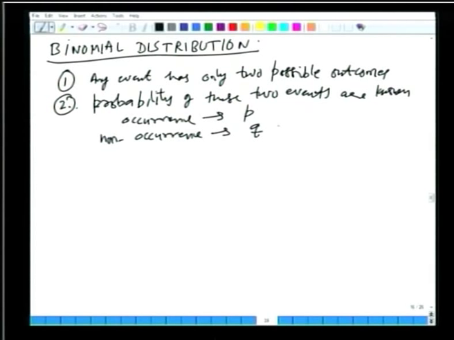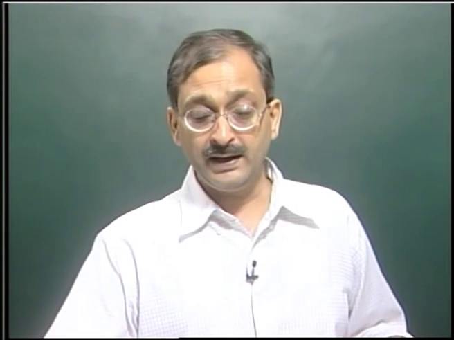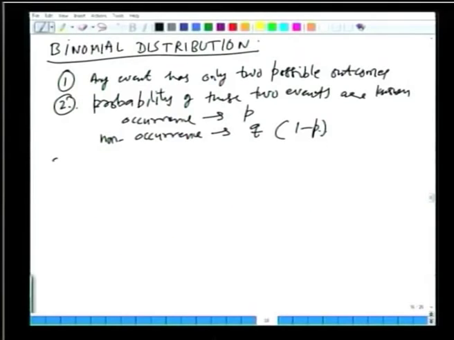Let us say Q, and Q will be equal to what? Based on our law of total probability, it will be 1 minus P. Okay. So, you see that when you are tossing a coin, you will have a head. All right. The probability of head is, if it is 0.5, what is the probability of tail? It is 1 minus 0.5, which is also 0.5. All right. Or in case of hydrology, if the probability of occurrence of flood is, let us say, 20%, then non-occurrence will be 80%. All right. So, they are complementary to each other.